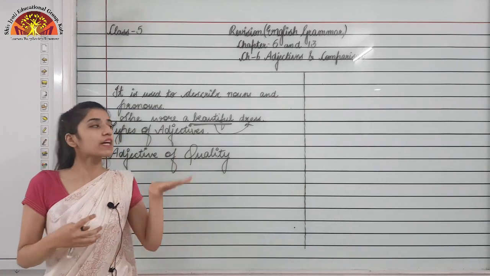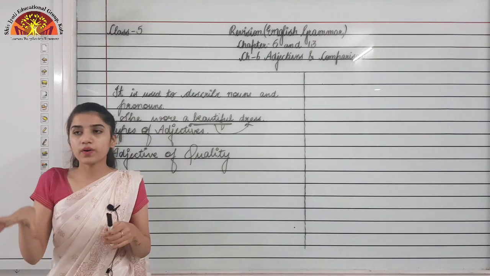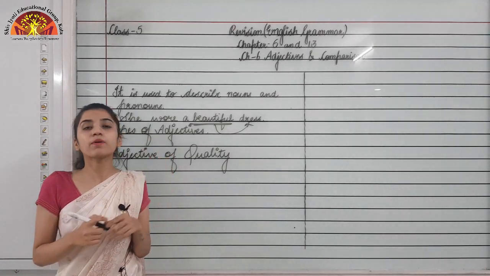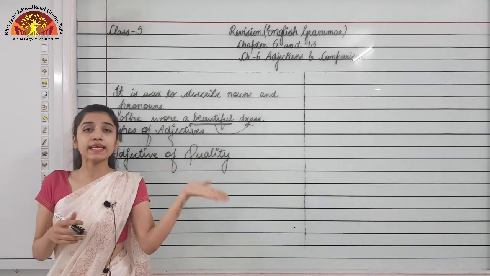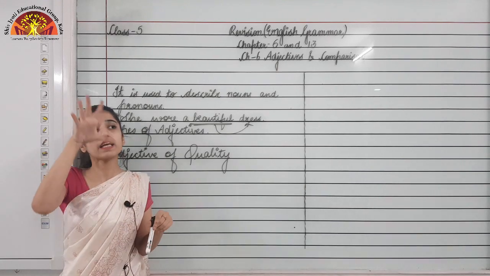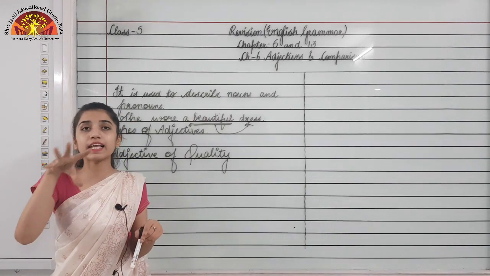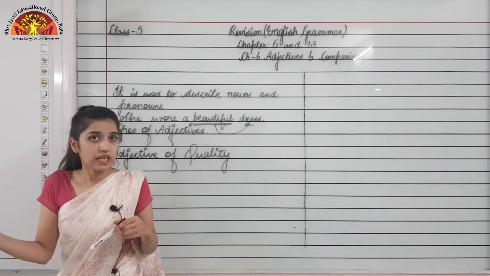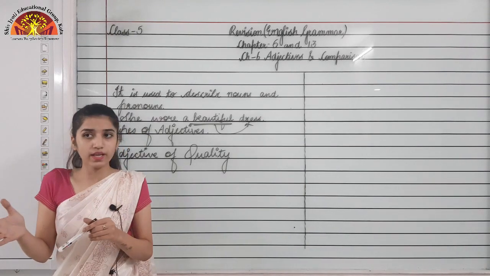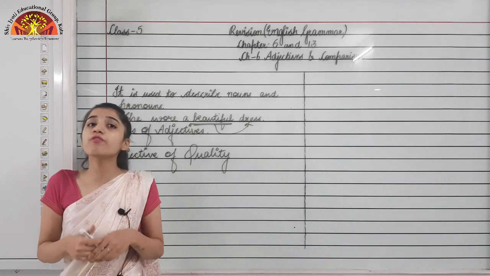If you have to find out adjective of quality, you have to question it with what kind. I am giving you an example of adjective of quality: he writes meaningful letters. You can see meaningful is describing the letters he is writing, and it is telling us what kind of letters he writes. We got an answer as meaningful. Meaningful is an adjective of quality.